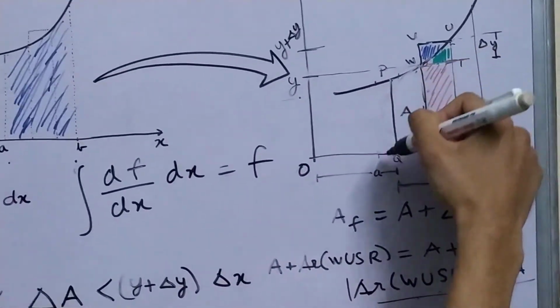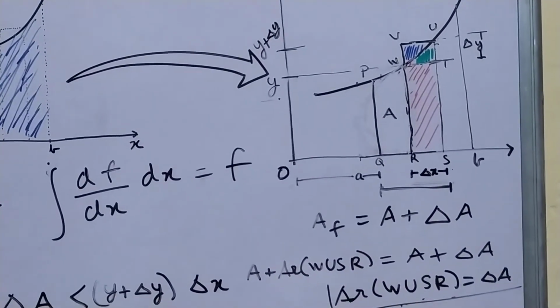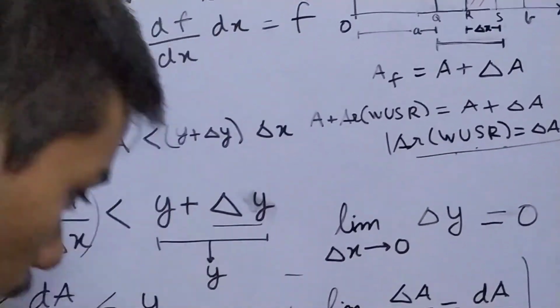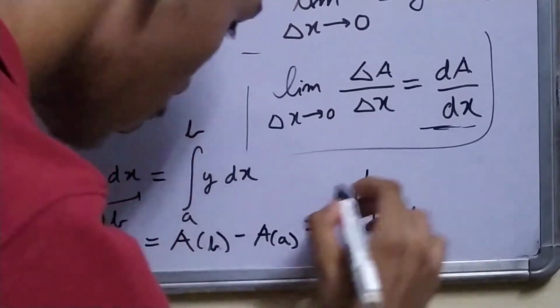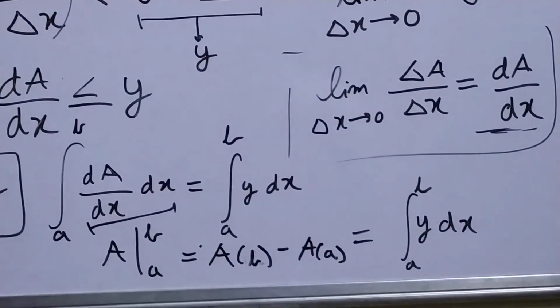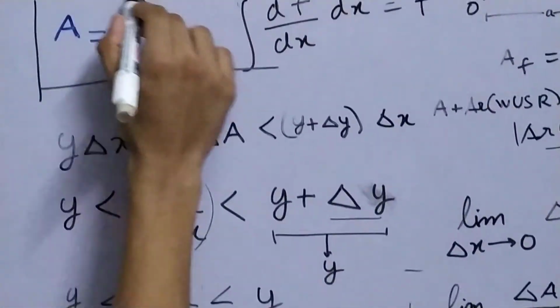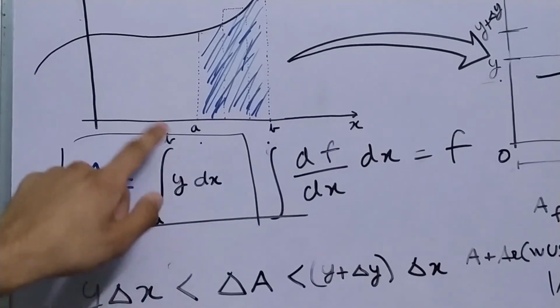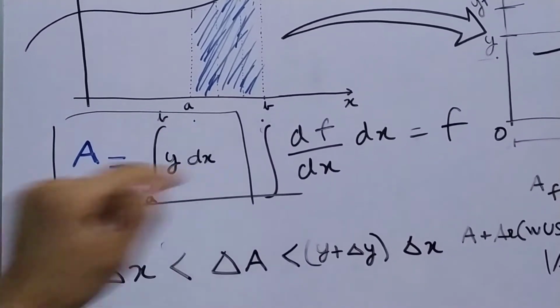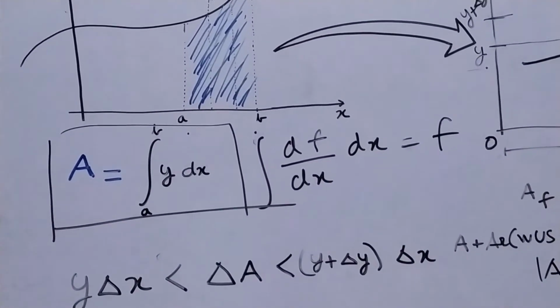So the area from a to b will be equal to the integral of y dx from a to b, and that is what we originally wanted to show, that your area between a and b is a definite integral from a to b of y dx.